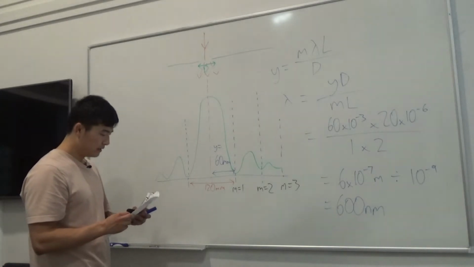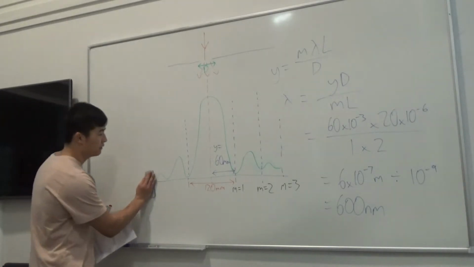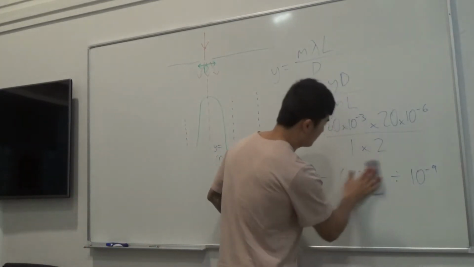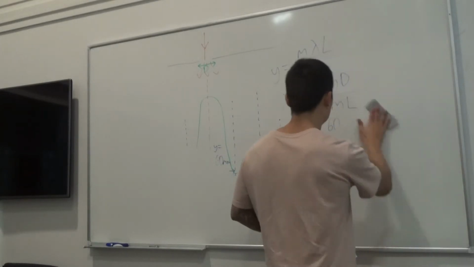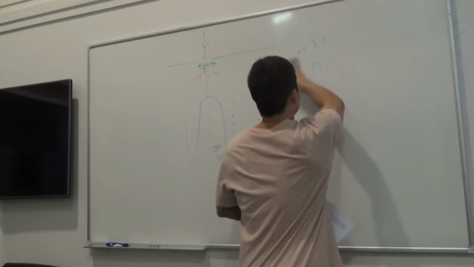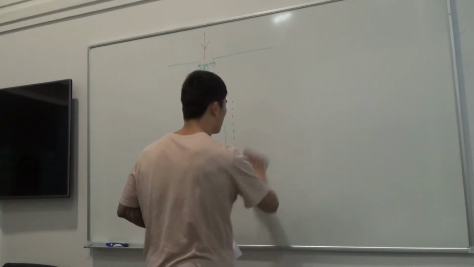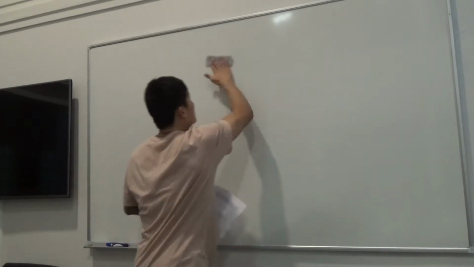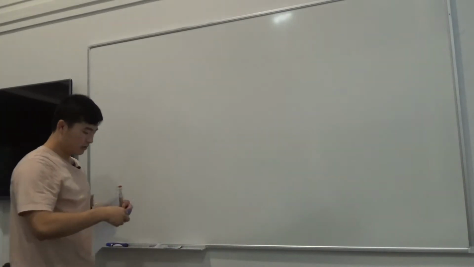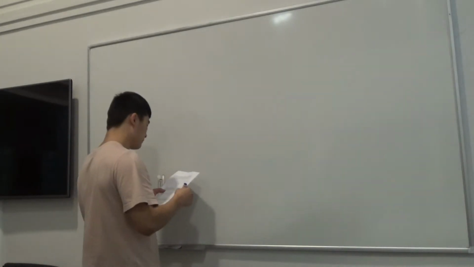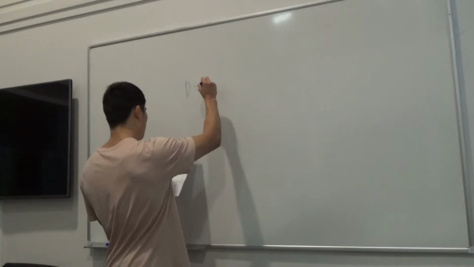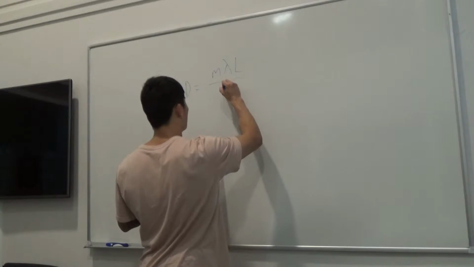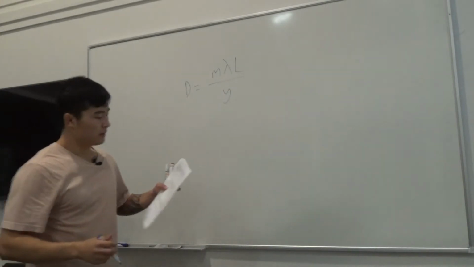Now, our next one, we want to find out the width of the slit. So that's D. D is equal to m times wavelength times length over y.